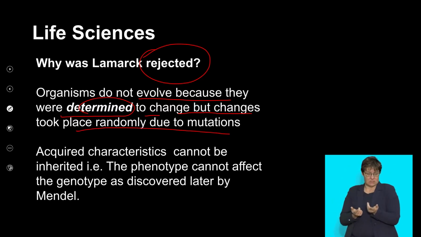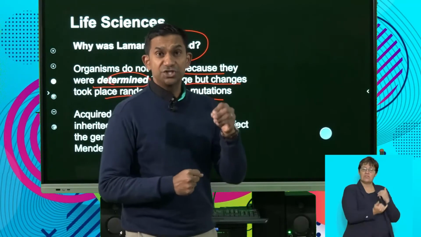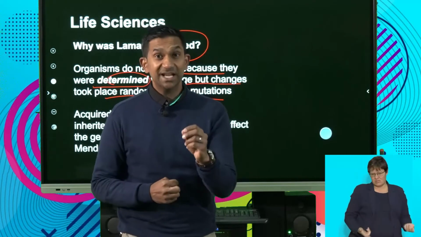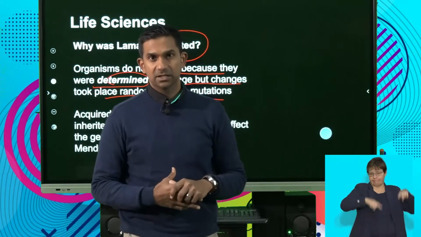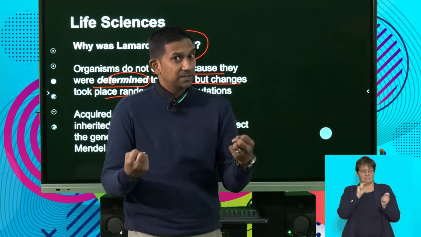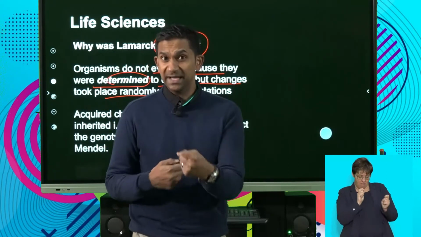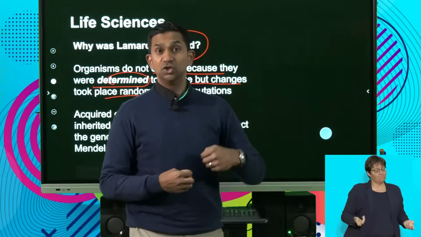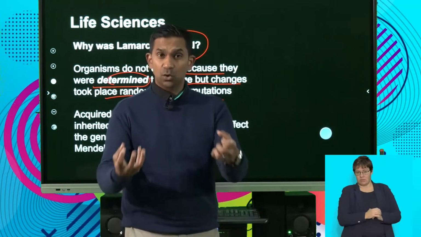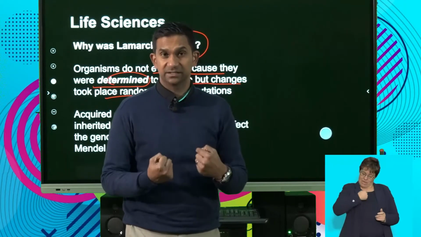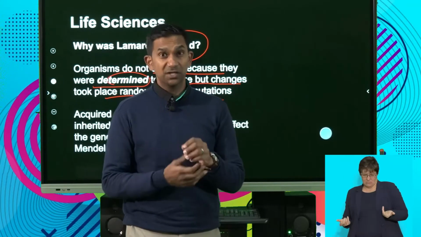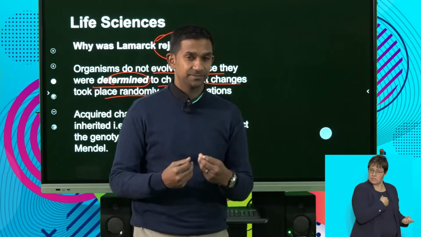Essentially, that points to individuals not changing because they need to change. Change happens randomly, and that is driven by mutations. So things that happen randomly are not controlled by an individual. Yes, you might exercise to become better, but that is an acquired characteristic that you get. That cannot be passed down to the next generation purely because you've acquired that trait.